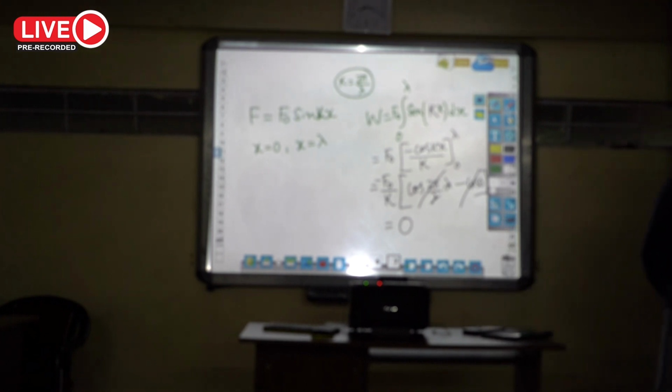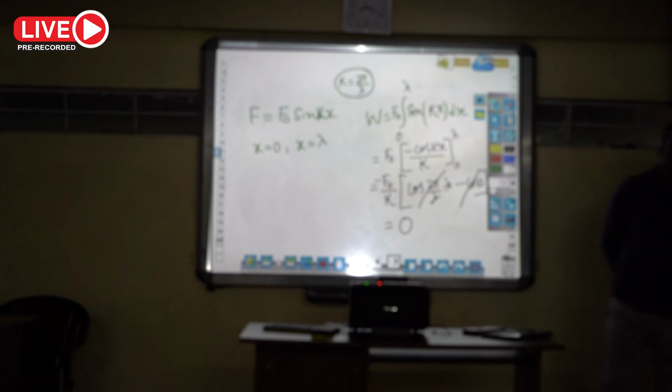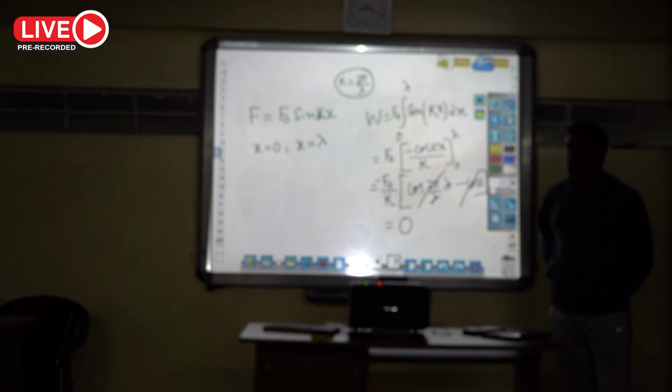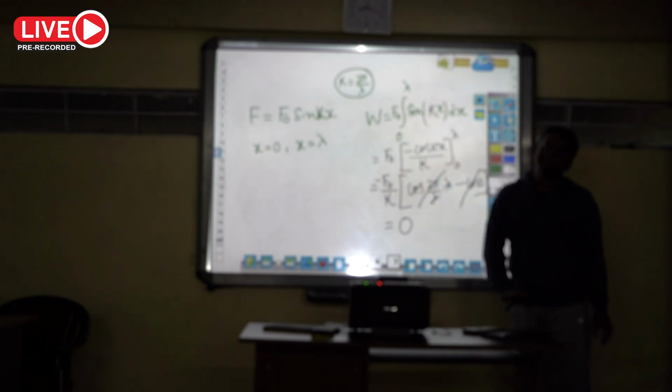Now without doing this integration, you can write the result to be 0. Can you tell me why? Without doing all this integration, you can directly write this integration's result to be 0.